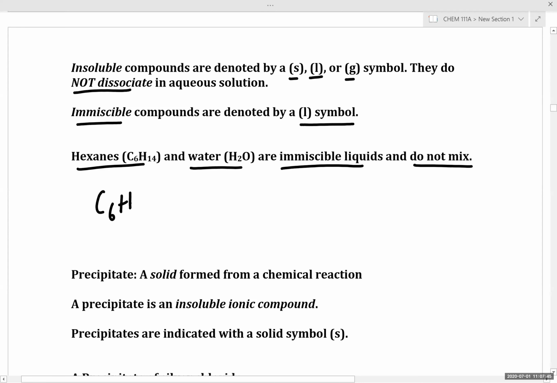So then, if hexanes is immiscible, what state symbol do I put? What state symbol do I put for hexanes if it's immiscible? It does not dissolve in water. So immiscible specifically refers to what state of matter?